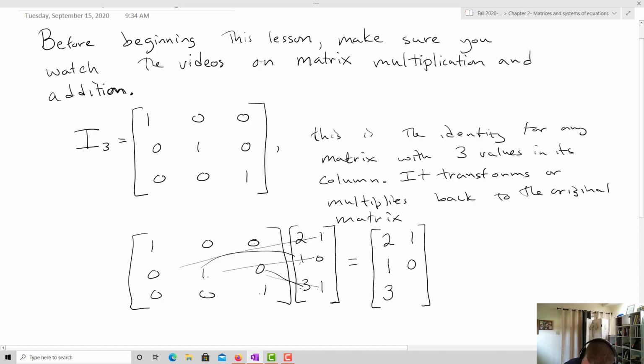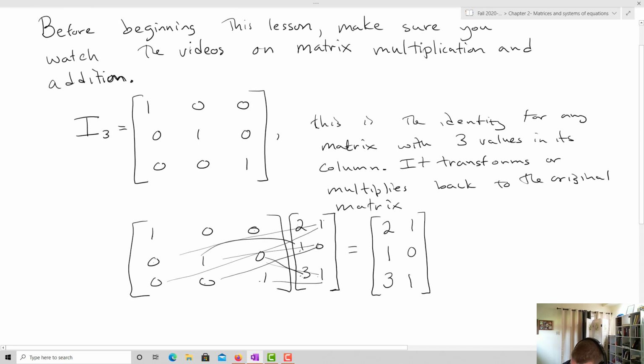And then 0 times 1 is 0, 0 times 0 is 0, and 1 times 1 is 1, and we get 1 back. So basically we've used matrix multiplication to show that if this is I3, and we multiply it times B, what I get back is B. And that's the idea of an identity.